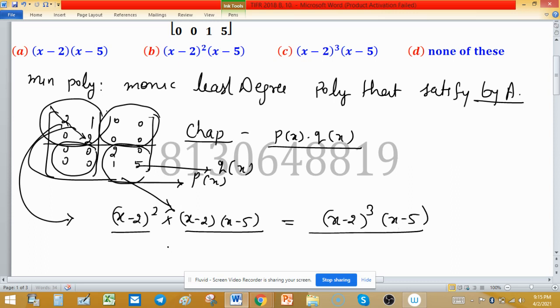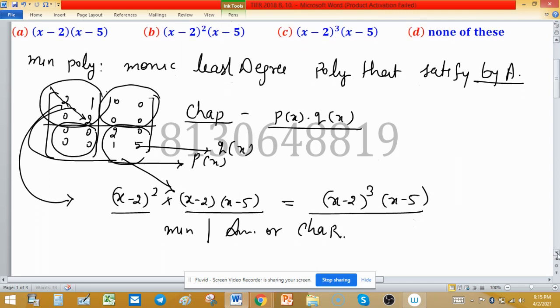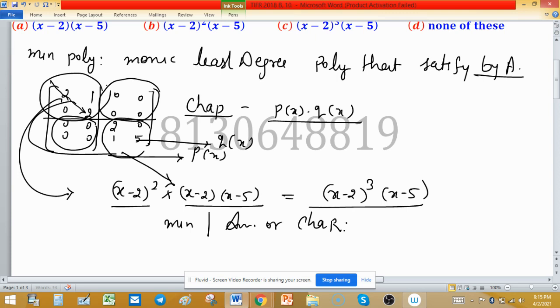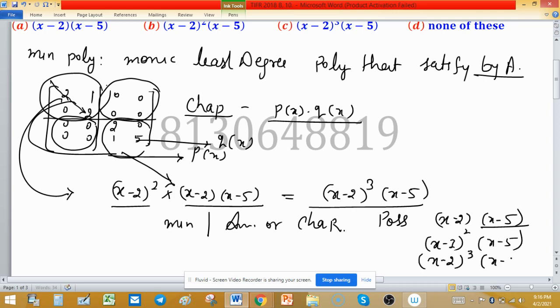We have the property that the minimal polynomial always divides the annihilating polynomial or characteristic polynomial. So every factor of the characteristic polynomial is a factor of the minimal polynomial, and the minimal polynomial and characteristic polynomial have the same roots. So this factor (x minus 2)(x minus 5) is always contained, and (x minus 2) square (x minus 5), (x minus 2) cube (x minus 5).